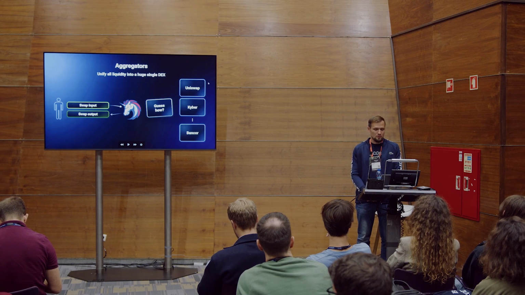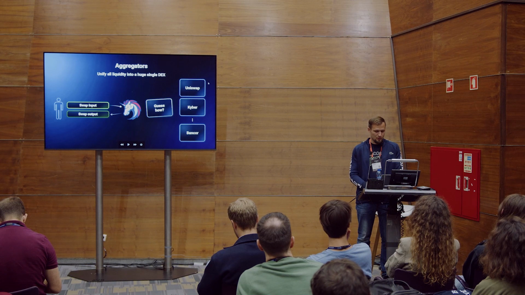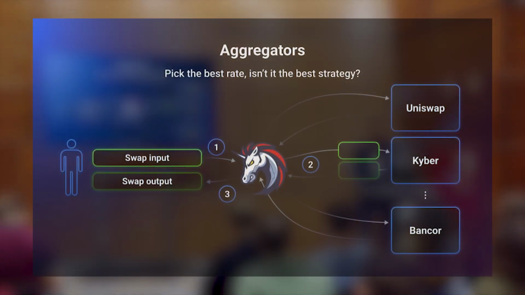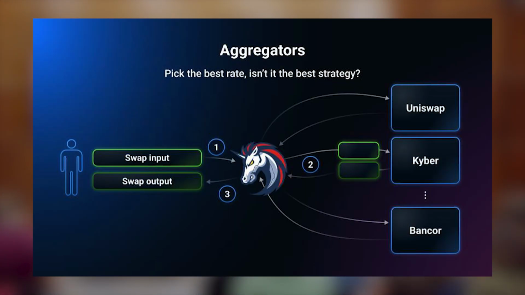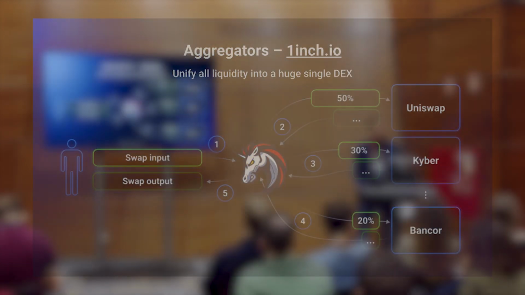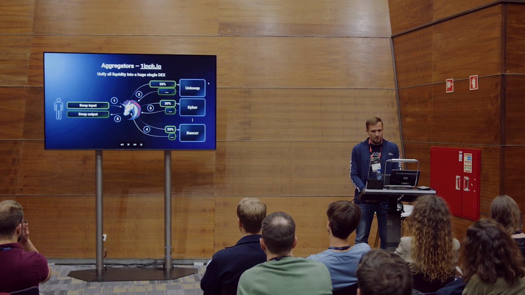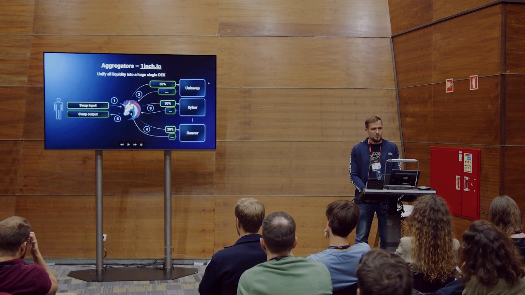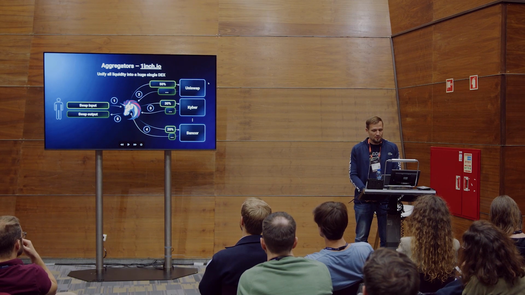So what if you would do it a bit smarter? The first move was to select a better rate, but we came up with the idea that we could split user volume and swap less on each exchange. And swapping less would give you a better rate than on any other separate DEX.